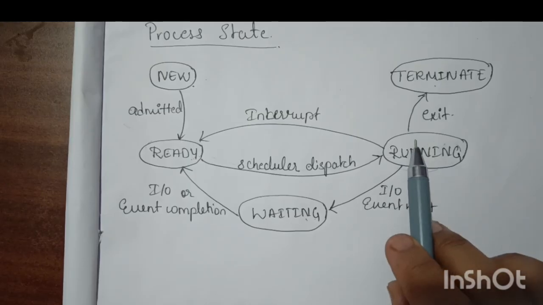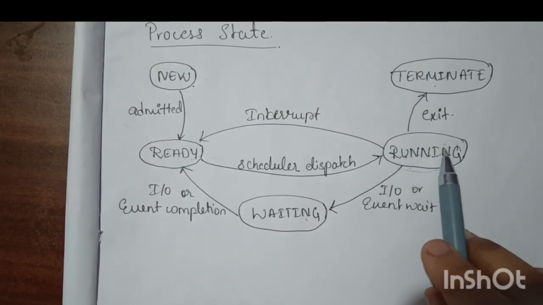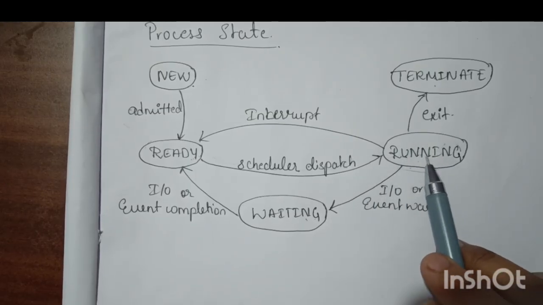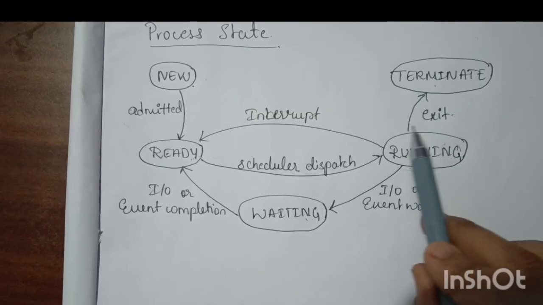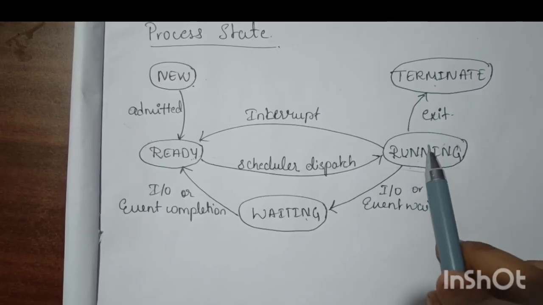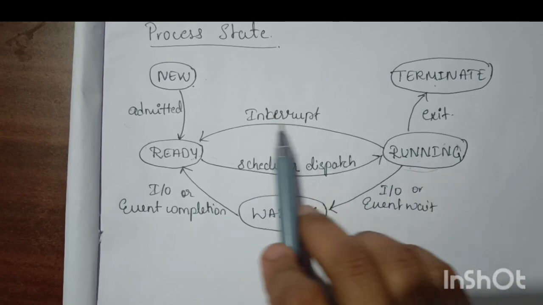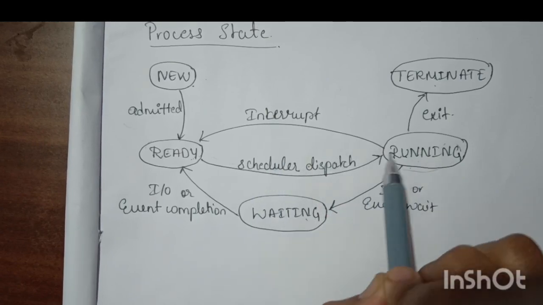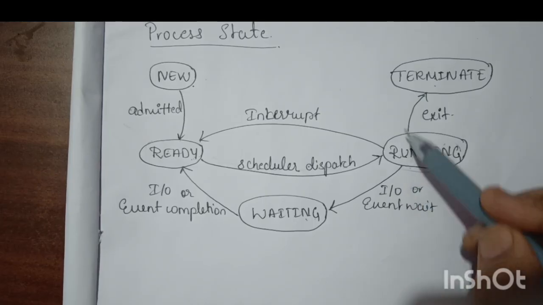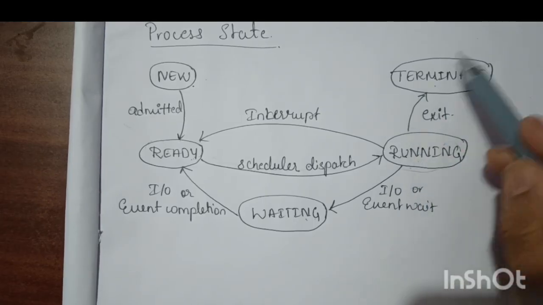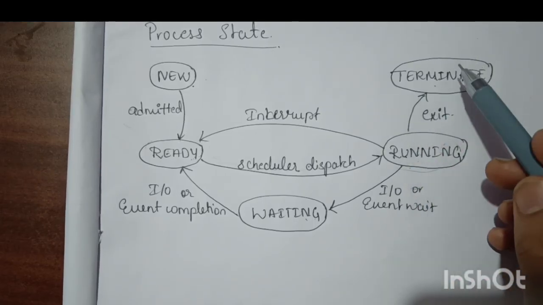Now, in case you wrote the exam but were unable to clear it, so you failed in that exam, that failing is nothing but kind of an interrupt. You got a result saying that you failed, so that was an interrupt for you to terminate, correct? You couldn't terminate, you cannot go.